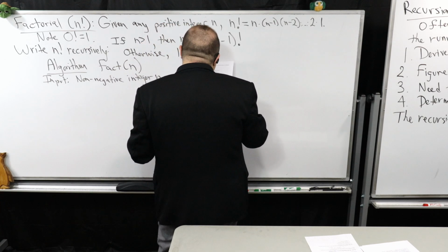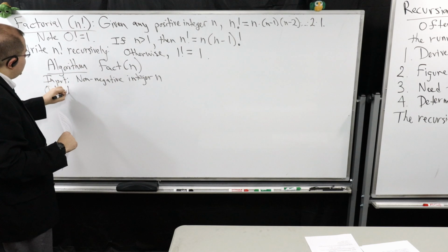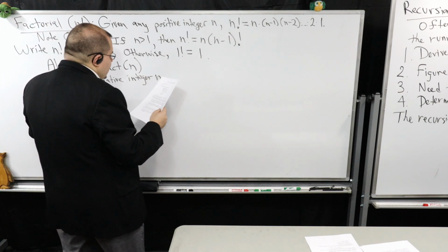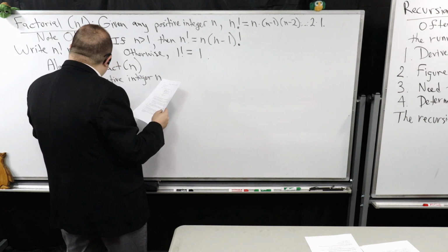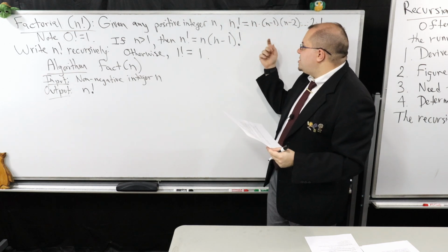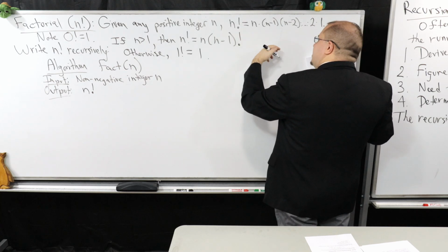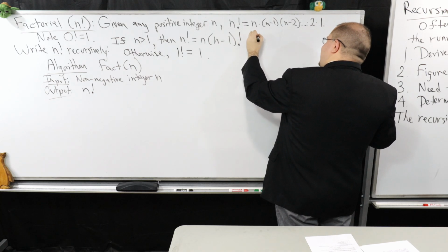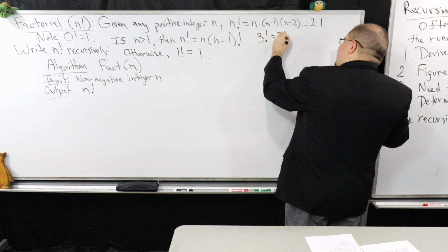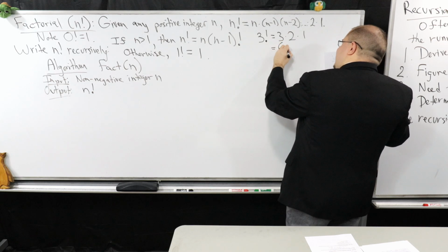So it's going to be a non-negative integer n, and it's going to output n factorial. Just to be clear, if it's been a little while since you've seen n factorial, or if you've never seen it before, for example, 3 factorial is equal to 3 times 2 times 1. So this is, of course, 6.